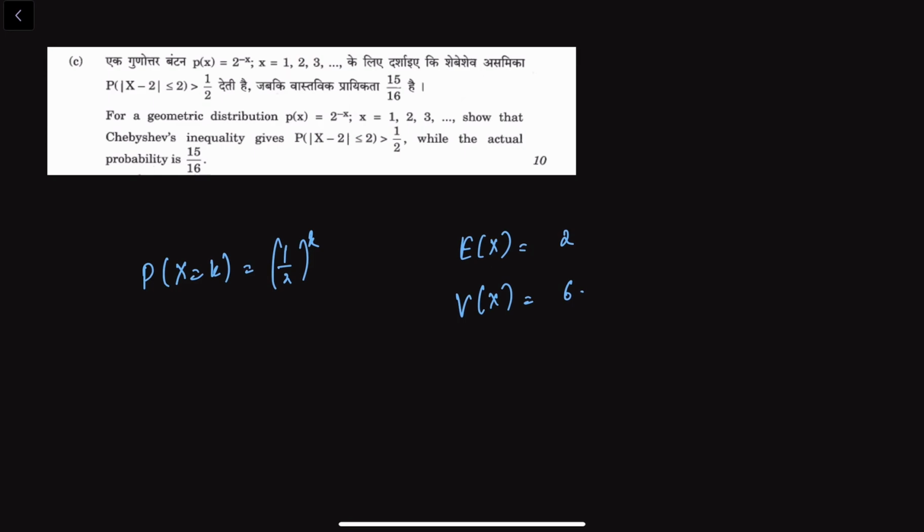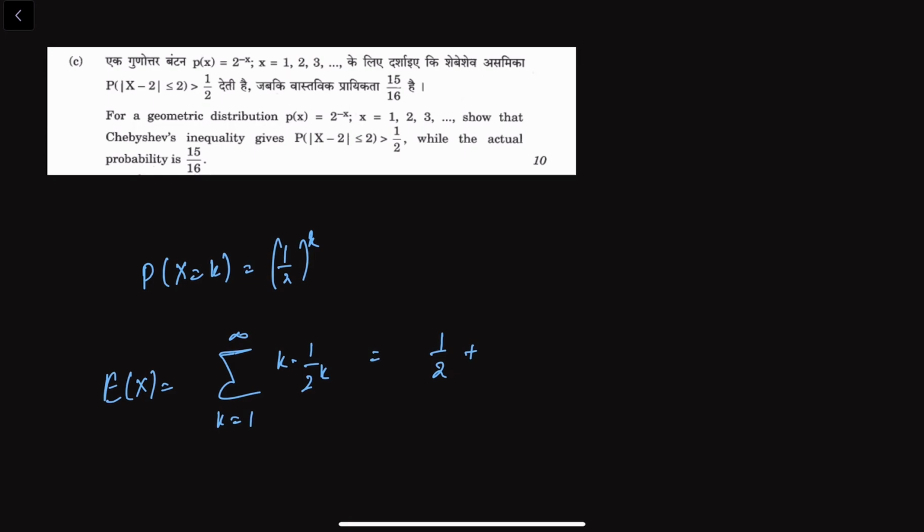In case we don't remember the expectation and variance of a geometric distribution, we can simply find it. Expectation of x is the sum over k equals 1 to infinity of k into 1 by 2 to the power k. That is of the form 1 by 2 plus 2 by 2 square plus 3 by 2 cube plus 4 by 2 to the power 4. So it's an arithmetico-geometric progression.